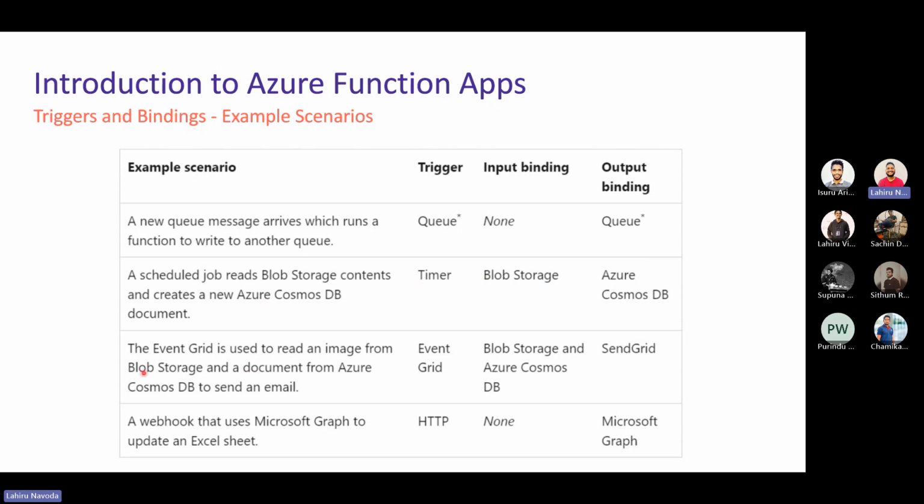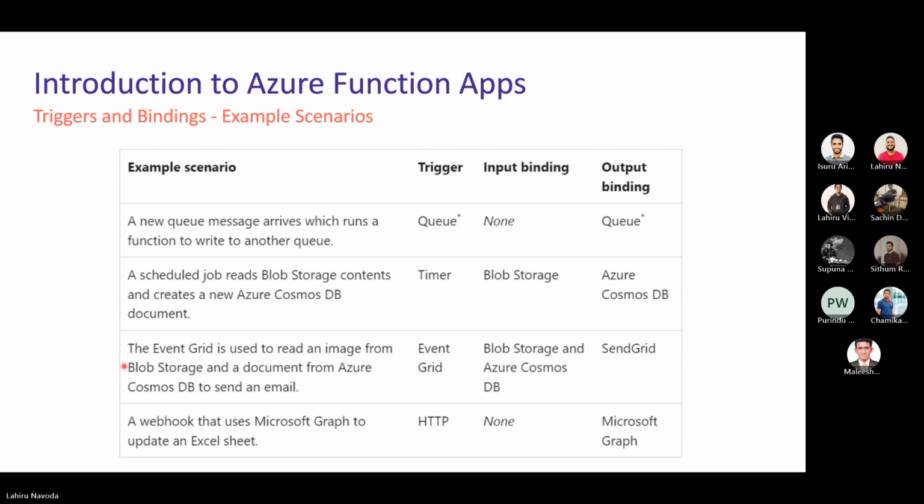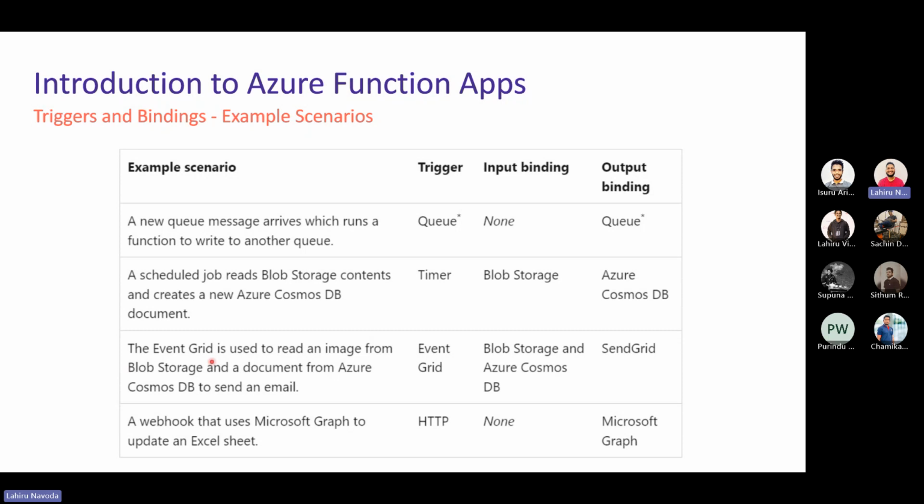And the third scenario: Event Grid is used to read an image from blob storage and a document from Azure Cosmos DB to send an email. I'm not going to explain in detail what Event Grid is.